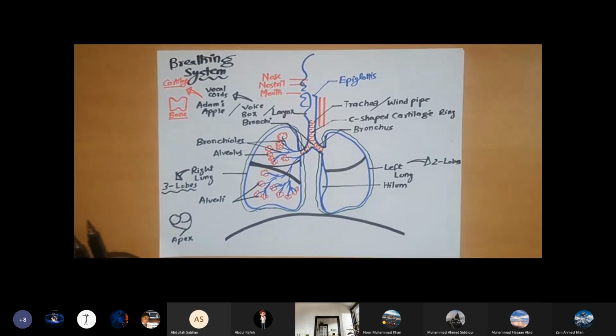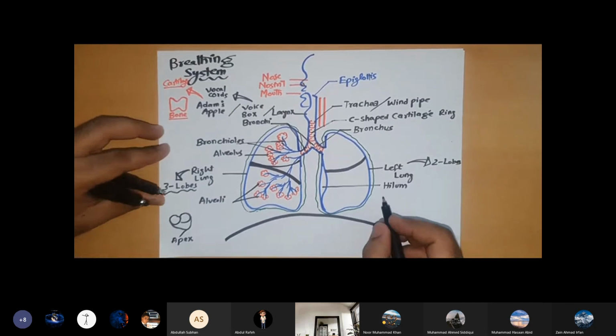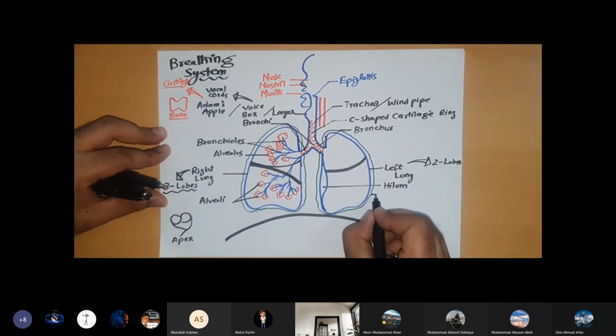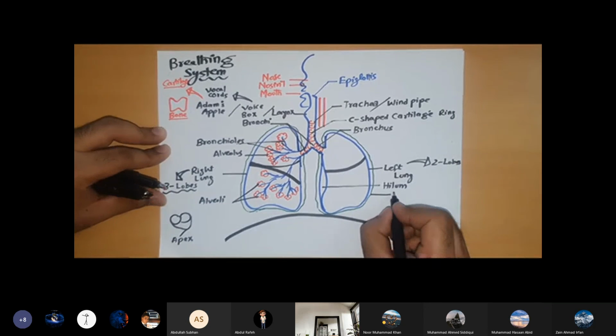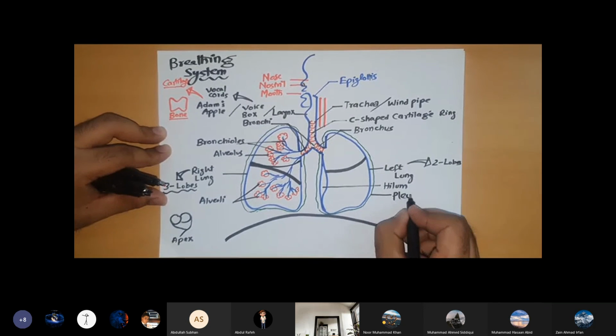This membrane which is present around the lungs is called the pleural membrane.